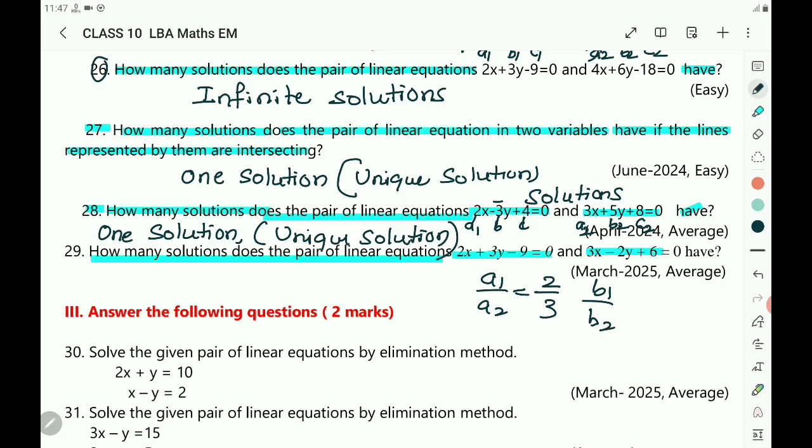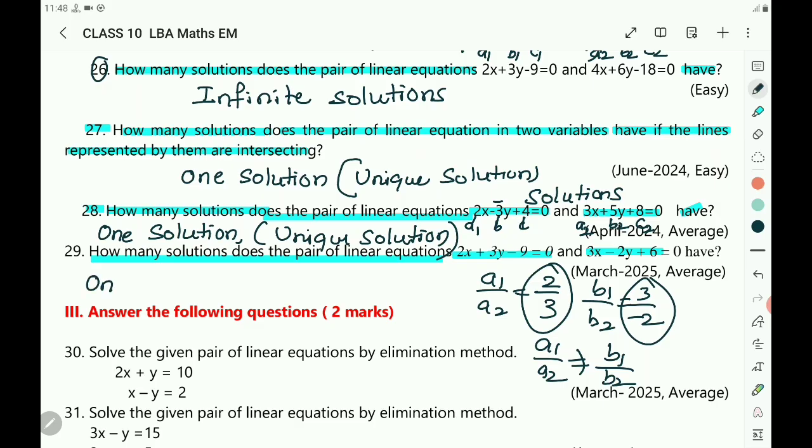B1 by B2 is 3 by minus 2. These two are not equal. So you got A1 by A2 not equal to B1 by B2. How many solutions? One solution or unique solution. Write the answer: one solution or unique solution.